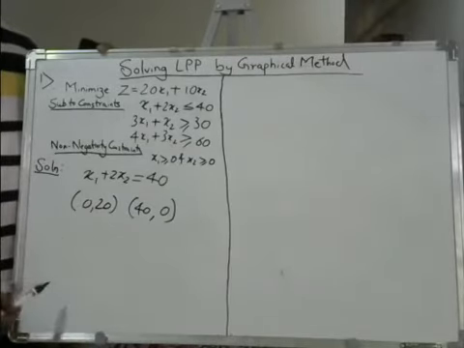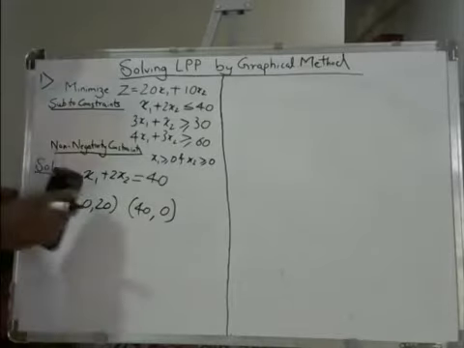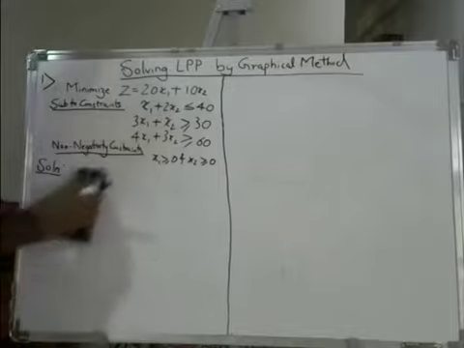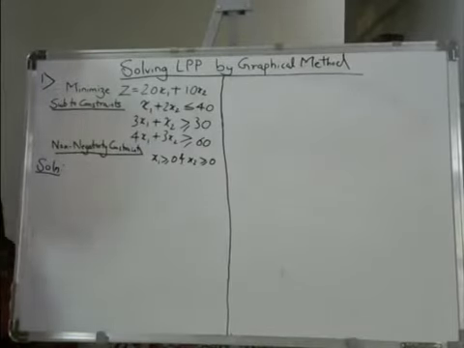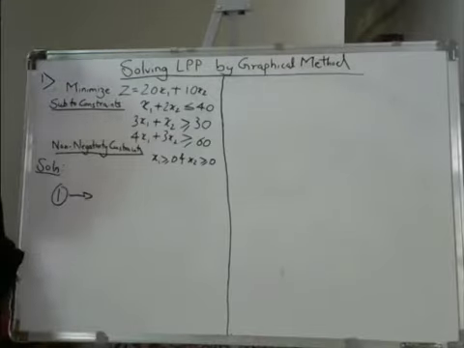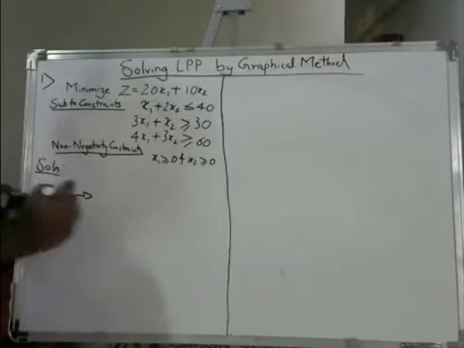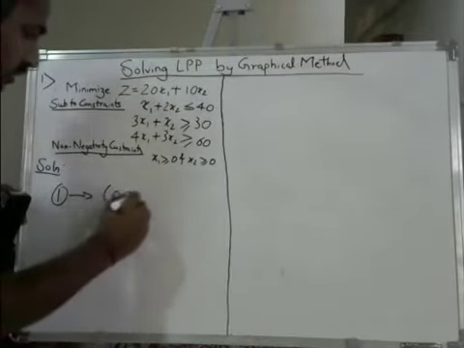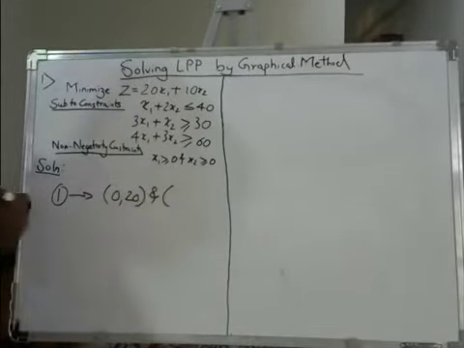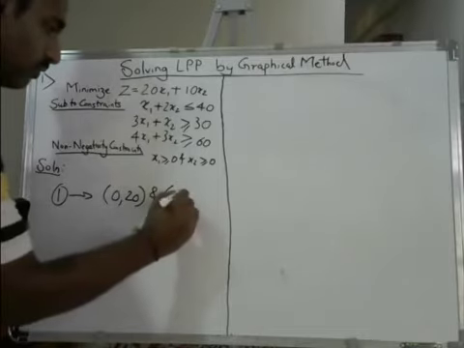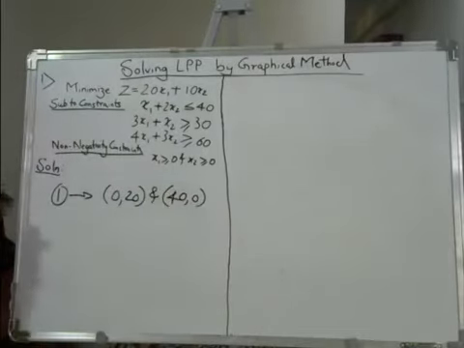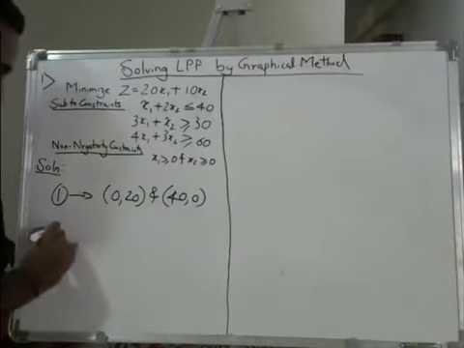So I will directly write the coordinates for every equation now. For equation number 1, we got the coordinates 0, 20 and 40, 0.